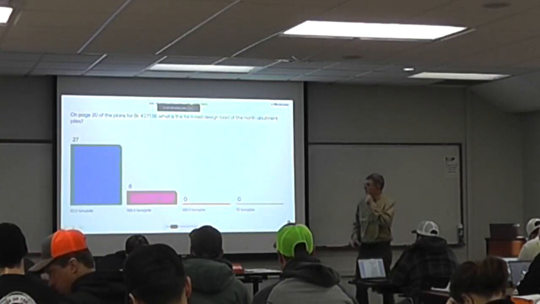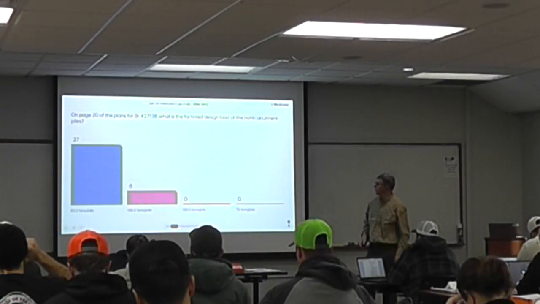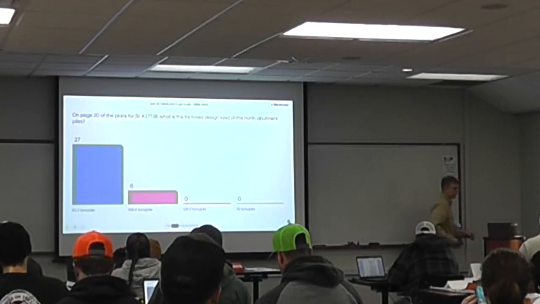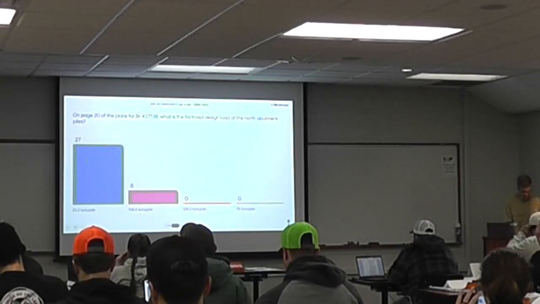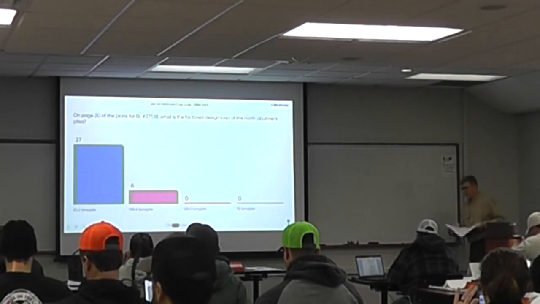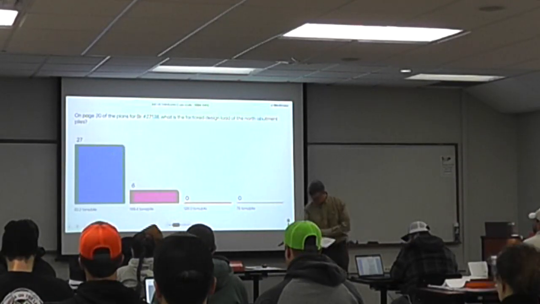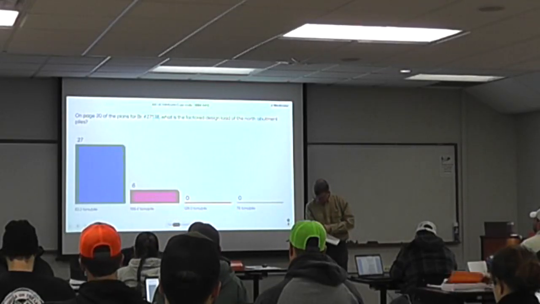On page 20 of the plans, what is the factored design load of the north abutment pile? So let's take a look at that. Page 20 has information for the abutments.